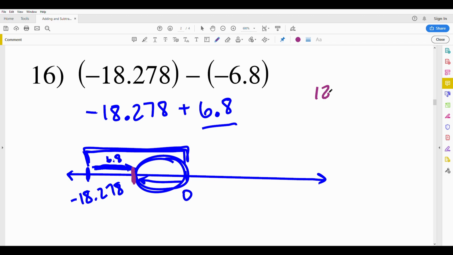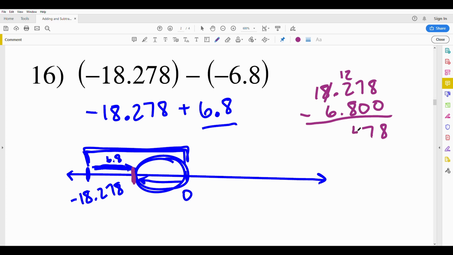So my distance of 18.278, subtracting 6.8, making sure to keep my decimals in line. 2/10 minus 8/10 I can't do, but I'm going to borrow from that ones place so that I'll have 12/10 minus 8/10, which would be 4/10.